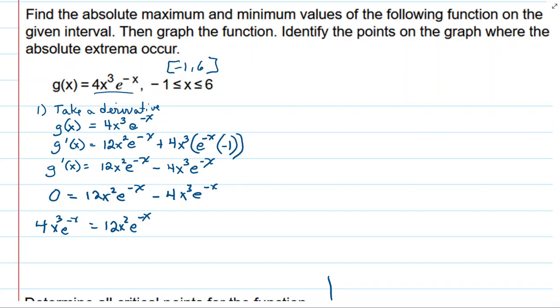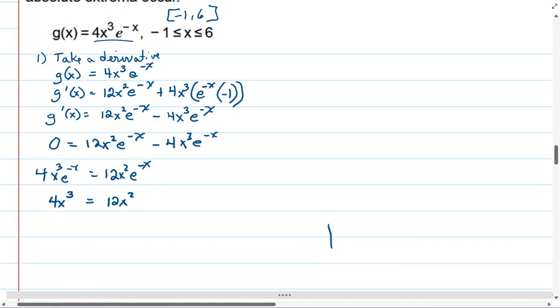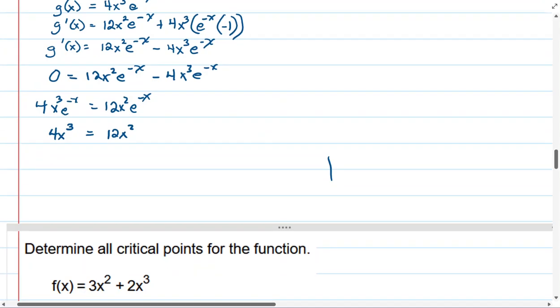So I'm going to have 4x to the third equal to 12x squared. Correct? All right. So right here, I'm going to divide by 4 and divide by x squared.